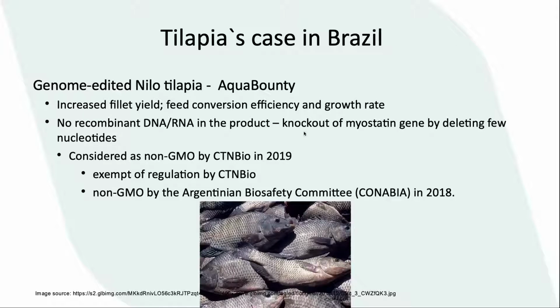There is no recombinant DNA or RNA in the genome of those fish. Because of that, it was considered here in Brazil, and also in Argentina, as non-GMO. So they are exempt from regulation by CTN Bio. Of course they have to be regulated by other agencies, but not by CTN Bio, the biosafety agency in Brazil.